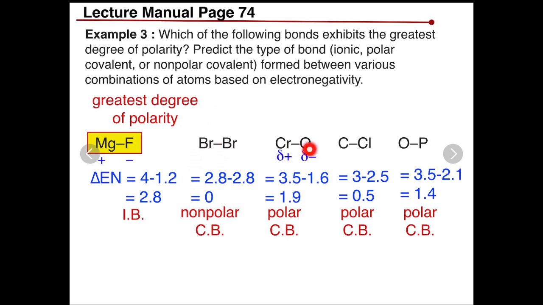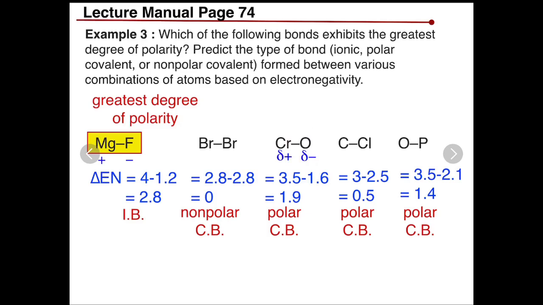But between chromium and oxygen, they are going to create partial charges, where the oxygen has a higher ability to withdraw electrons according to its EN value, right? The EN value of oxygen is 3.5, and the EN value of chromium is 1.6. So oxygen would be assigned partial negative, and chromium would be assigned partial positive, because oxygen is going to pull electrons away from chromium, sharing electrons unequally in this case.